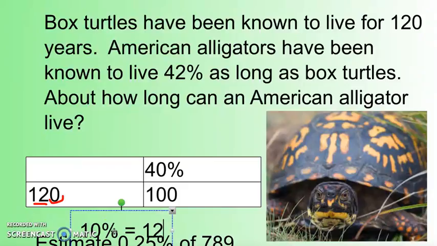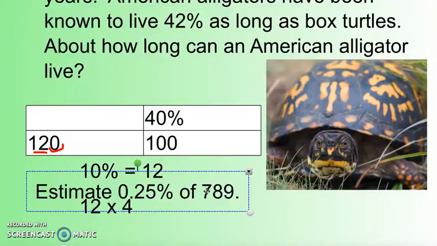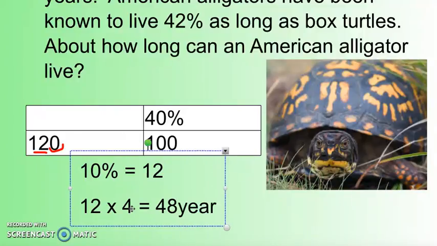That's 12, but we want to get to 40%. So what do we do to get to 40%? Yeah, take 12 times 4, and I'm not sure why this is there. Let me get rid of that. And that equals 48 years.